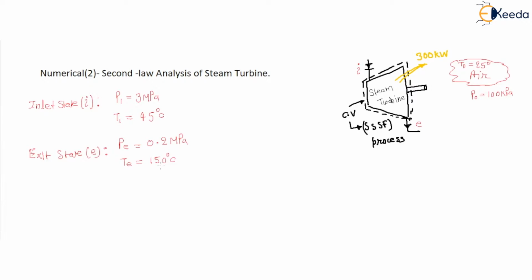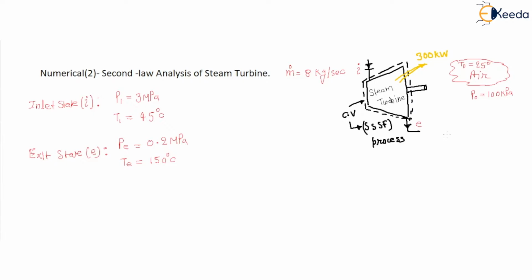Also given is the mass flow rate, m dot, one inlet, one exit, which is 8 kg per second.